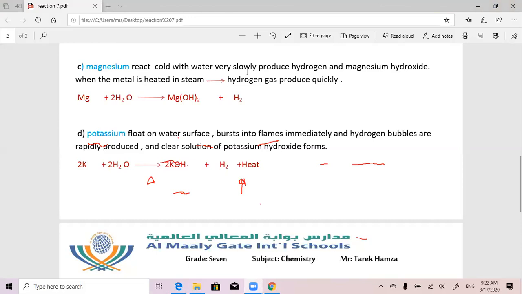No, potassium does not need heat. Any element reacts with oxygen to produce an element oxide. Some elements need heat, some elements don't need heat.